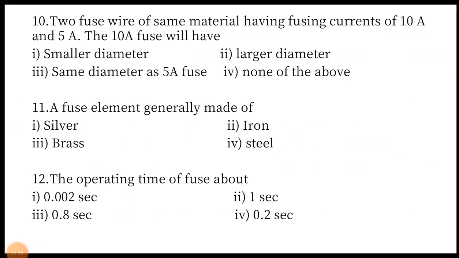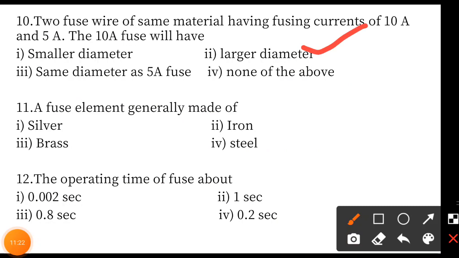So here the answer is larger diameter. Then a fuse element is generally made up of silver, iron, brass, steel. Here silver is the answer.